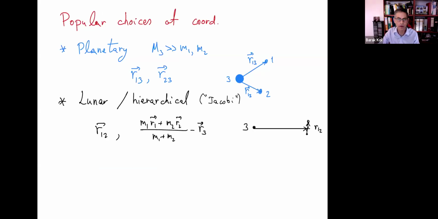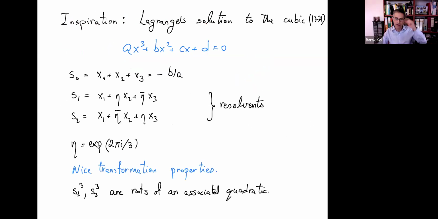We get inspired by Lagrange's solution to the cubic. So this is now not a three-body problem, but just a cubic polynomial. How does one solve that? Well, this is the beginning of group theory, actually, and famously Abel and Évariste Galois solved it in the early 19th century, but actually they both relied on Lagrange, who did it in 1771.